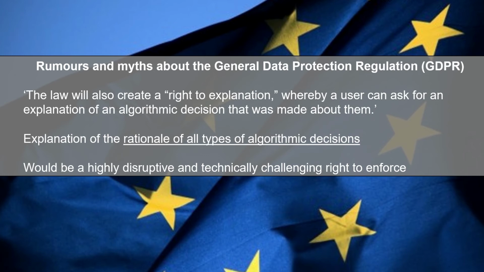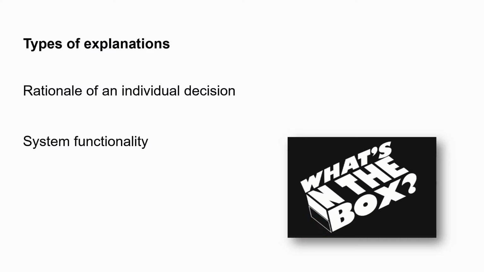And the idea was that you had a right to receive an explanation of the rationale of any type of algorithmic decision. Now, as it turns out, that right does not actually exist. I'm not going to go into the legal details in great detail here, but basically you have a right to receive some information about how a system functions.